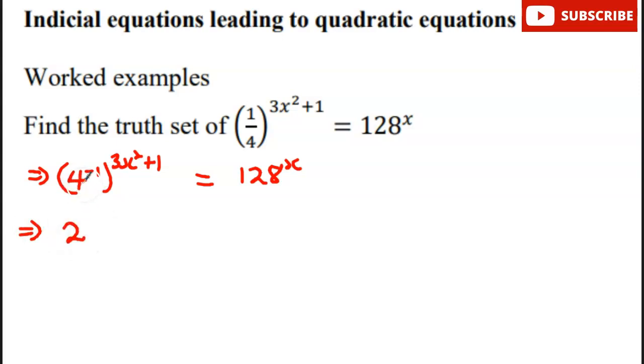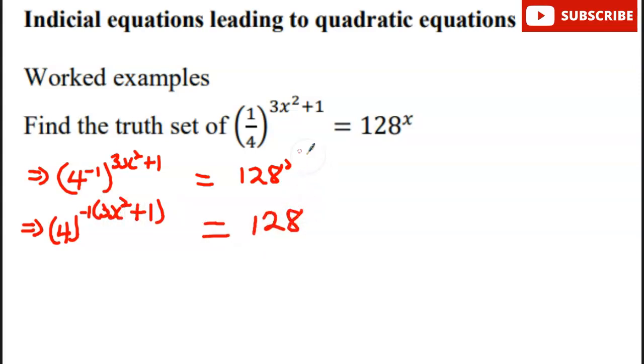So we can write 4 as 2 raised to the power 2, all raised to the power minus 1. We can write this as 4 raised to the power minus 1 times 3x squared plus 1, which is equal to 128 raised to the power x. And then we can express 4 and 128 in terms of 2.